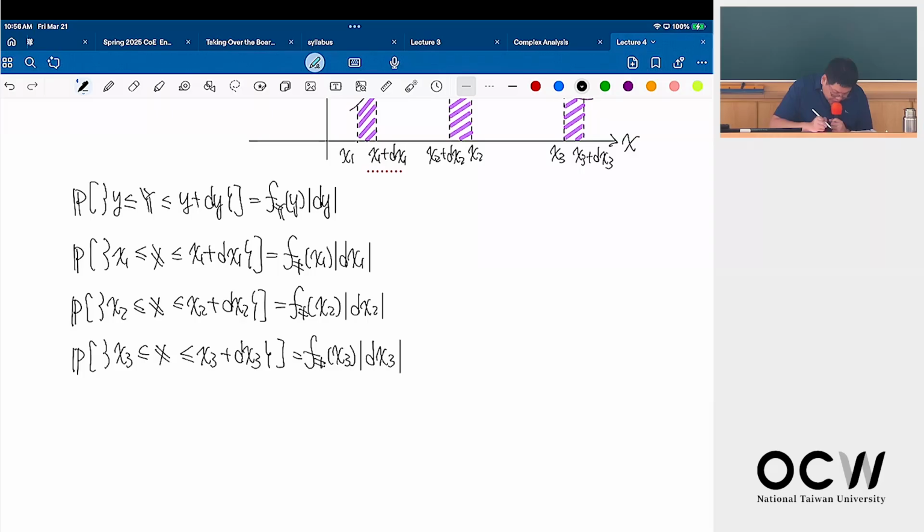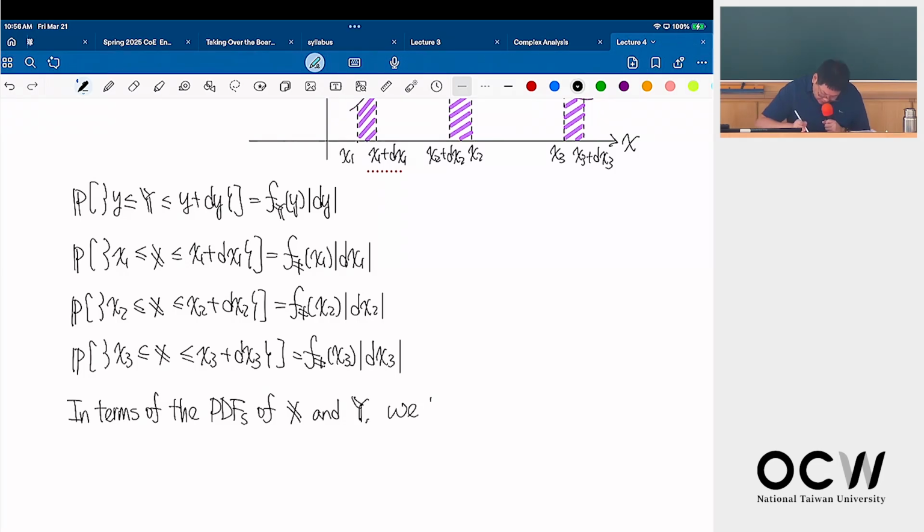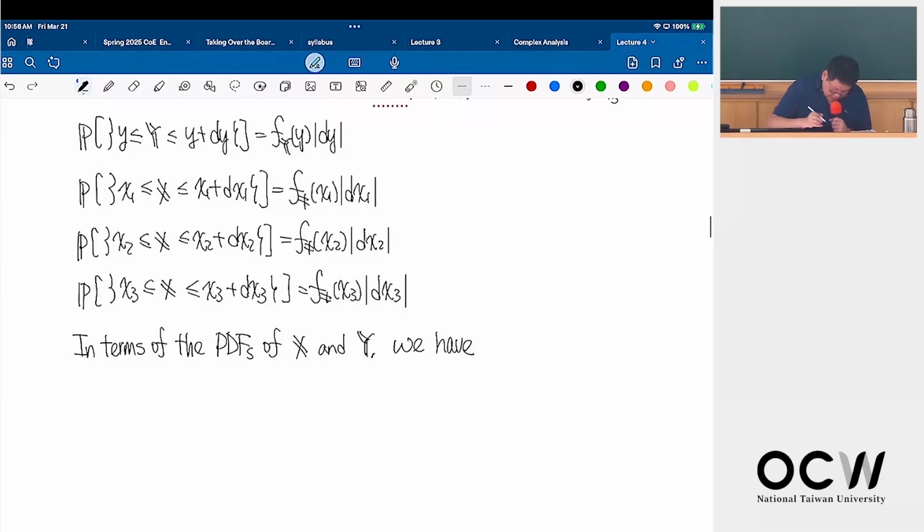So in terms of the PDF of x and y, then we have f of y times dy.